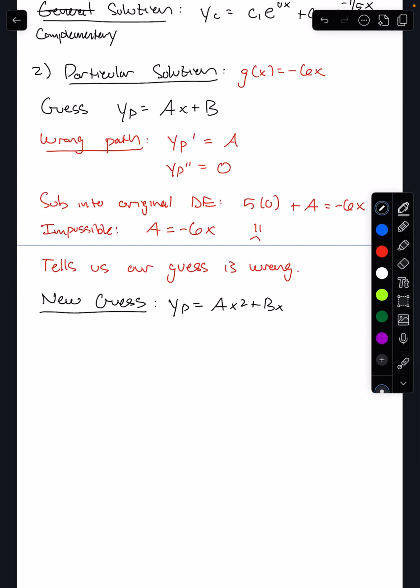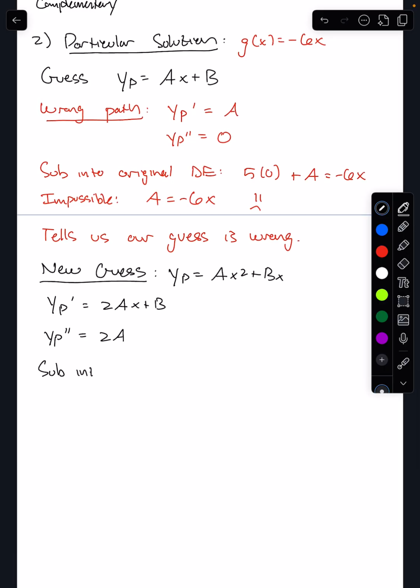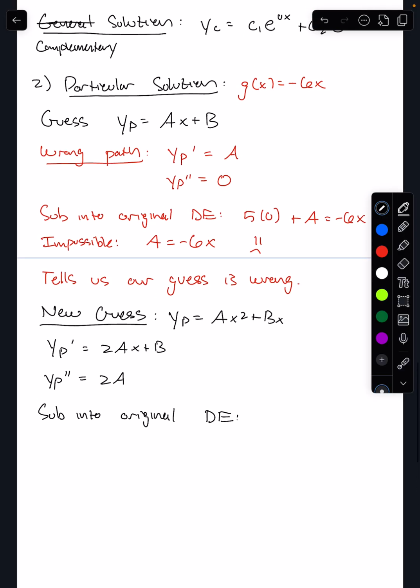And so let's give this a shot. So we need to plug it into our differential equation again, so we need to start taking derivatives. In this case, I get 2ax plus b for my first derivative, and my second derivative is just 2a. And now we're going to sub this into our original differential equation. I keep saying original here to distinguish this from the homogeneous version, but this is the differential equation we started with.